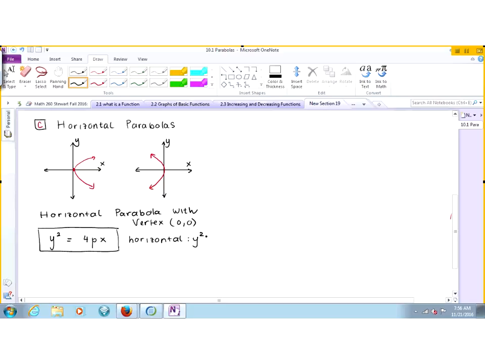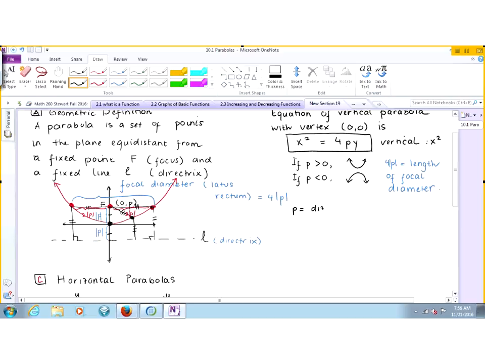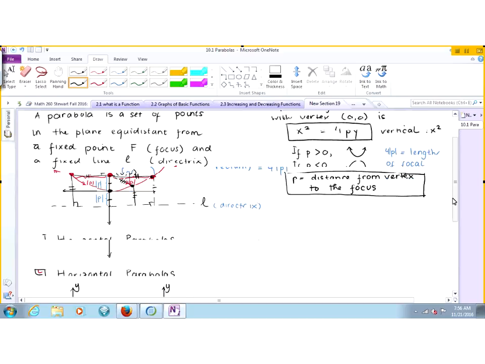It is y squared. By the way, what is P? I didn't write that before. I should have written it. P is the distance from the vertex to the focus. So remember this: P is the distance from the vertex to the focus.